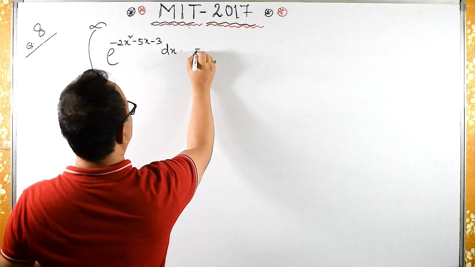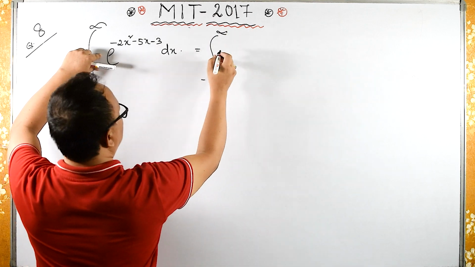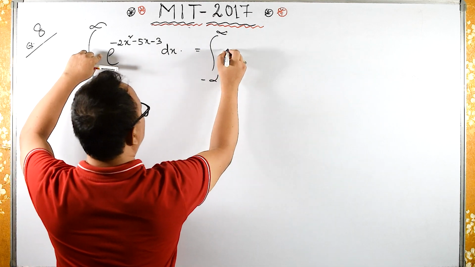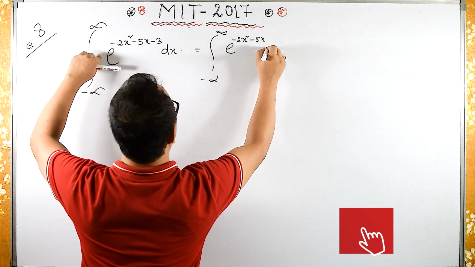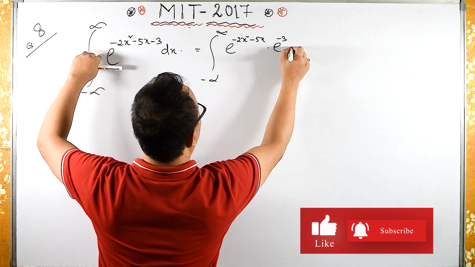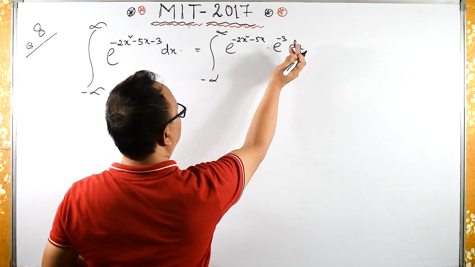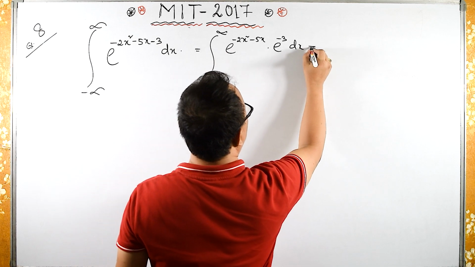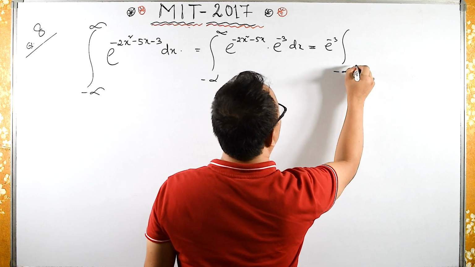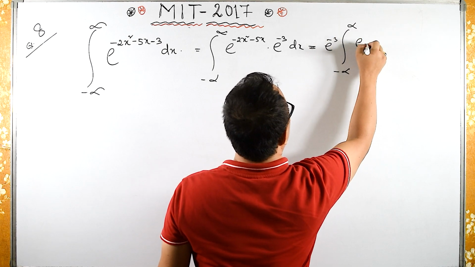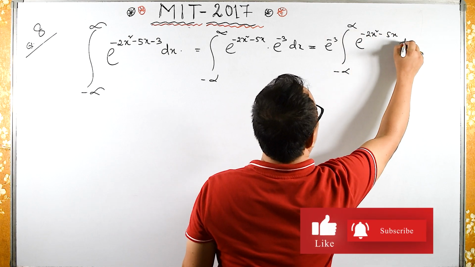This is the same as the integral from minus infinity to infinity of e raised to minus 2x square minus 5x, into e raised to minus 3, dx. Since e raised to minus 3 is constant, I will send it outside: e raised to minus 3 times the integral from minus infinity to infinity of e raised to minus 2x square minus 5x dx.